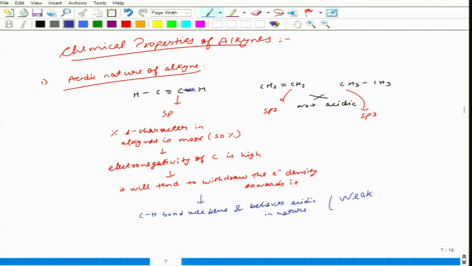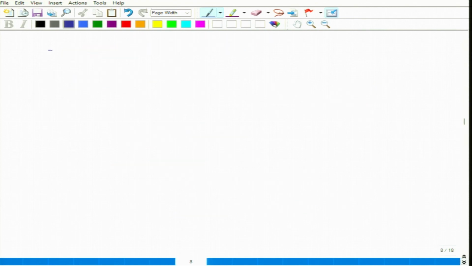But it is a weak acid, not a strong acid like H2SO4 or HCl. That means, to abstract this hydrogen from the alkyne, a strong base is needed.